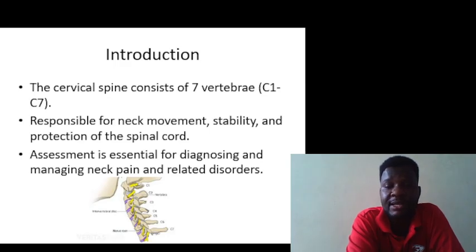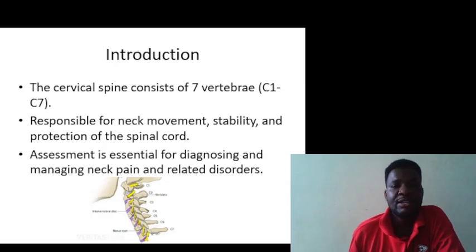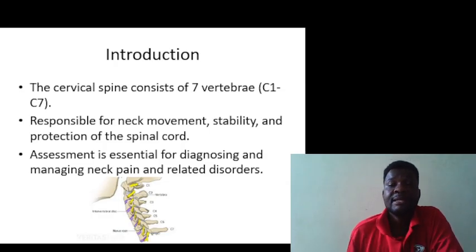The normal alignment is this one, but sometimes it can be misaligned due to deformities, some conditions, maybe fractures or injuries. That may lead to misalignment or malalignment of the spine.